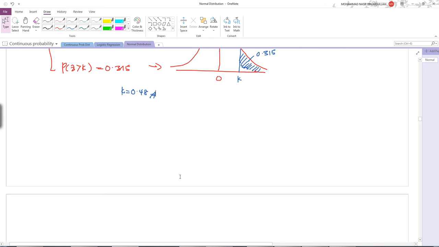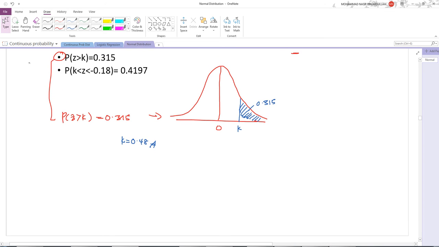Alright. So let's look at the next question, which is number 2. The probability of Z less than K is equal to 0.4197. Right?